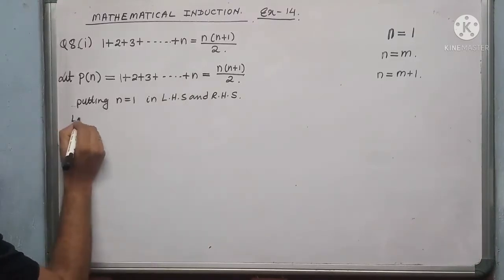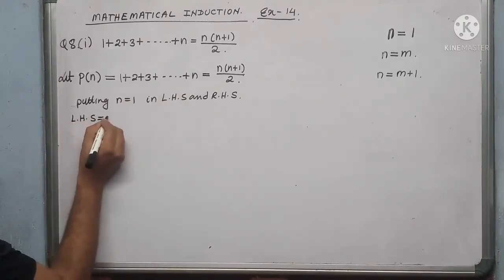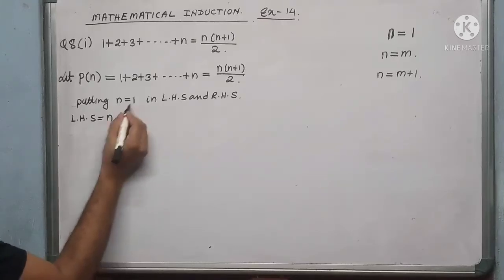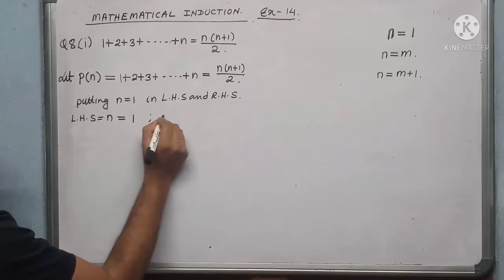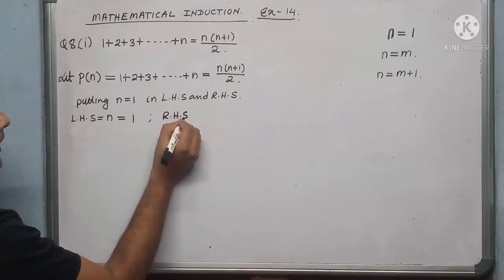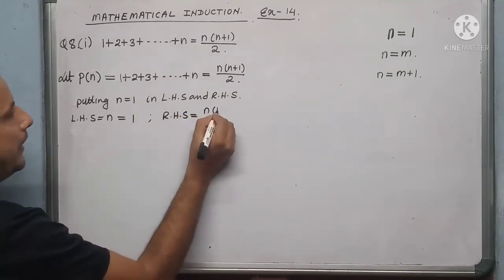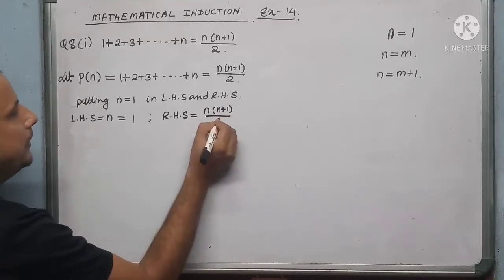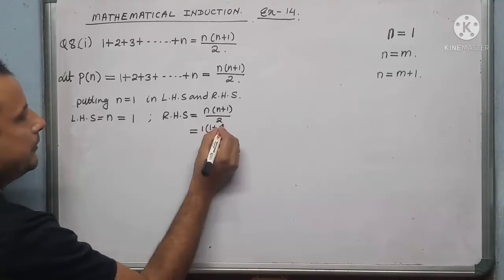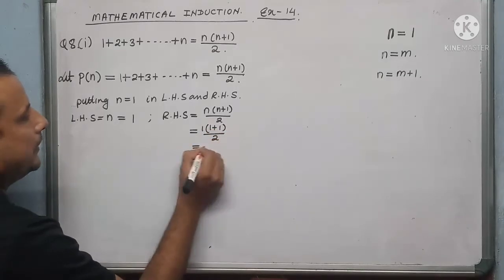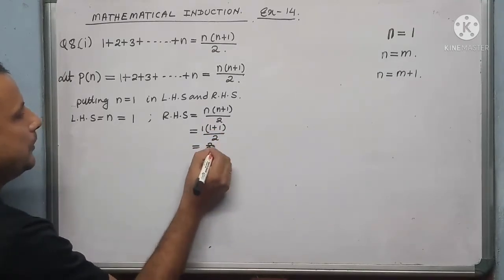Our left hand side, LHS, is n. If I substitute n equals 1, the left hand side is 1. The right hand side, RHS, is n into n plus 1 divided by 2. Again, I'll substitute 1 over here. This is 2 over 2, which is 1.